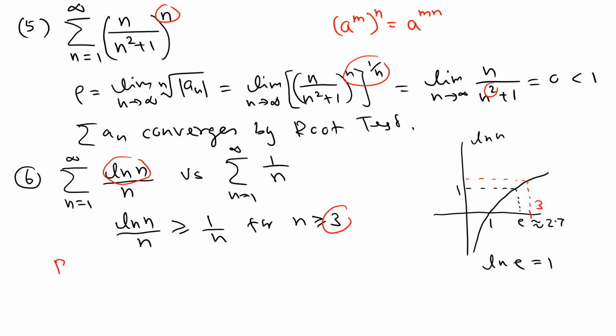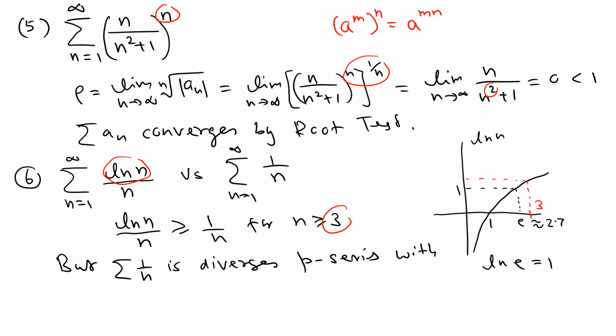The sum of 1 over n is a divergent p-series with p equal to 1, which is less than or equal to 1. That's the p-series test.